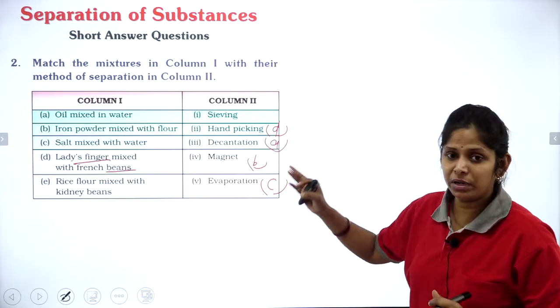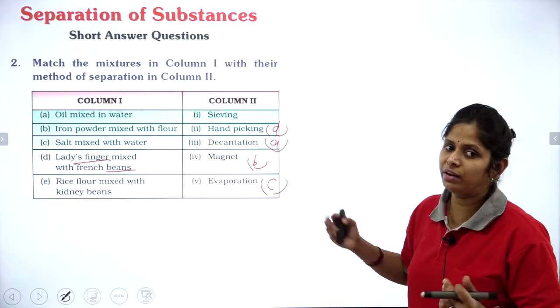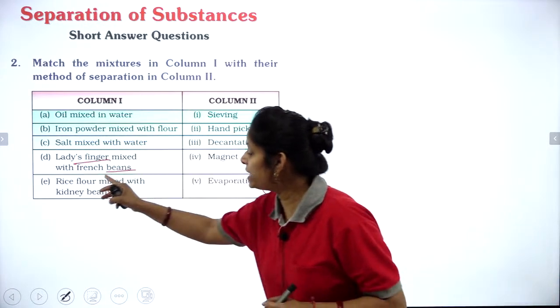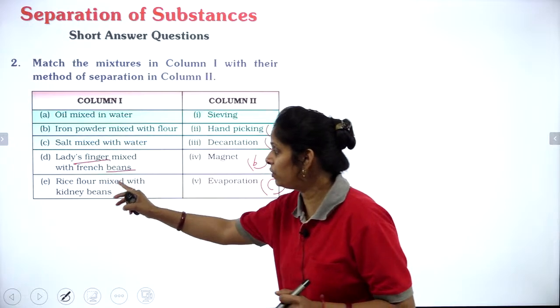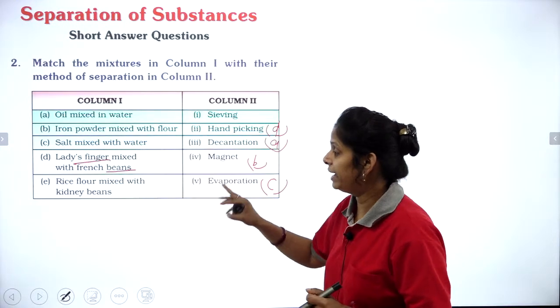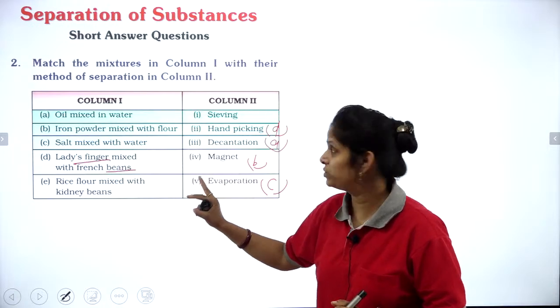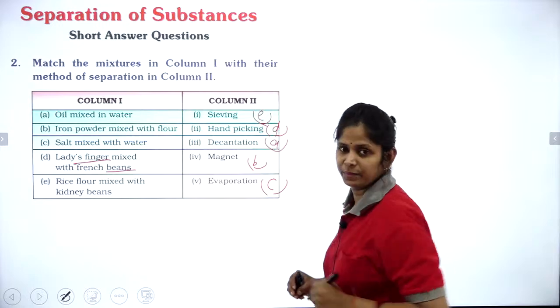These components of a mixture can be separated by hand picking very easily. Rice flour mixed with kidney beans. Now you have a mixture of rice flour and kidney beans, and you can see there is a big difference in their size, and easily these components of a mixture can be separated by the sieving method.